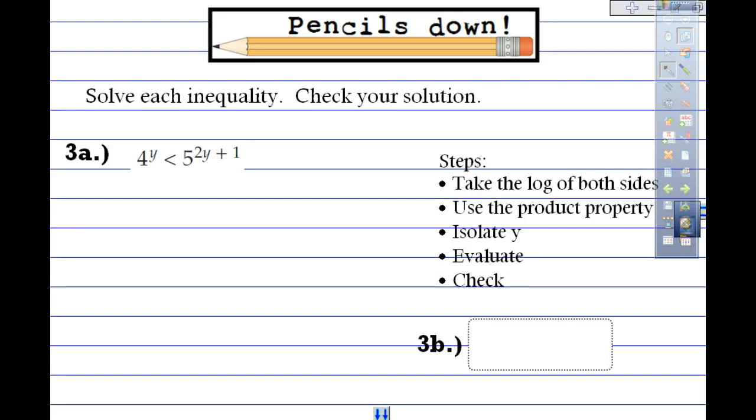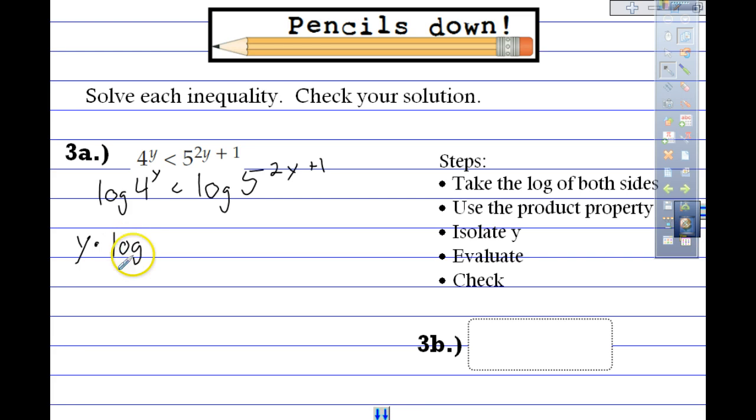And then we have the final type of problem we'll look at, and this is when you have variables on both sides. Alright, so let's start this. Again, take the log of both sides. Exponents come on down.